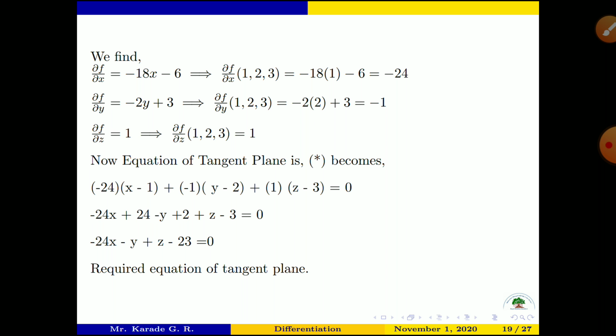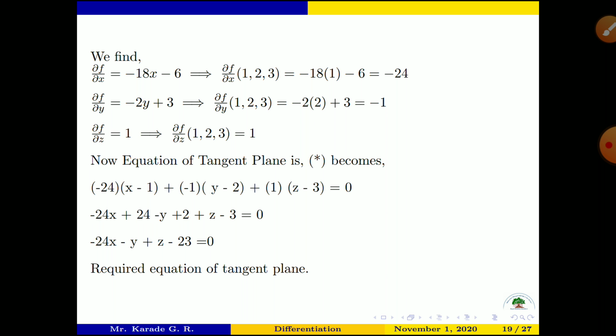Now the equation of tangent plane, star, becomes minus 24 into x minus 1 plus minus 1 into y minus 2 plus 1 into z minus 3 is equal to 0.